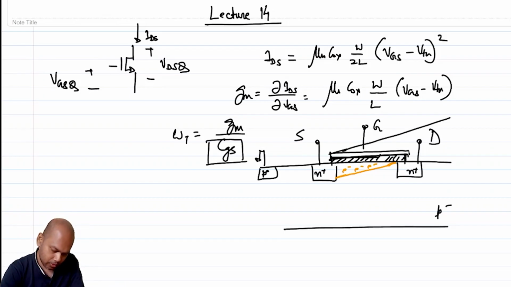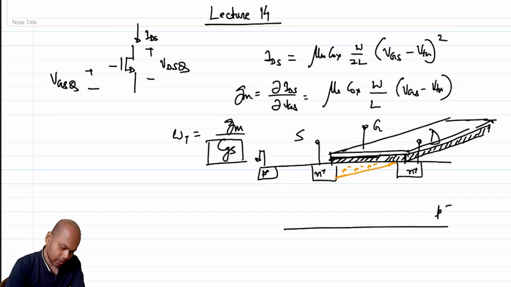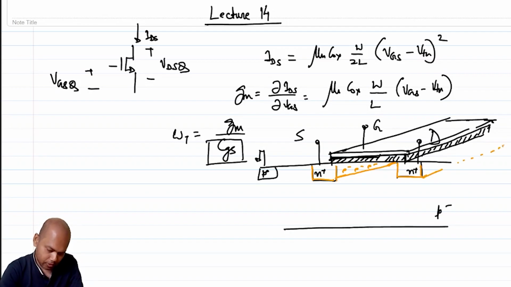So if I extend this gate in the other dimension, then I will use a different color for the doping of N type. So this is the N doping.